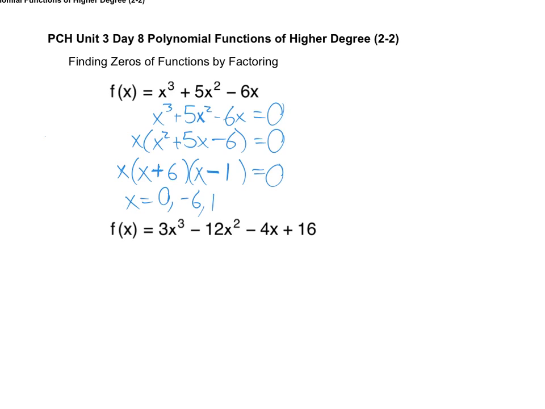Very good. Okay? So given this, I can now sketch what this is going to look like. I have a 0 at 0. I have a 0 at 1. And 1, 2, 3, 4, 5, 6. I have a 0 at negative 6. Okay? What's the right side going to do? Go up. What's the left side going to do?